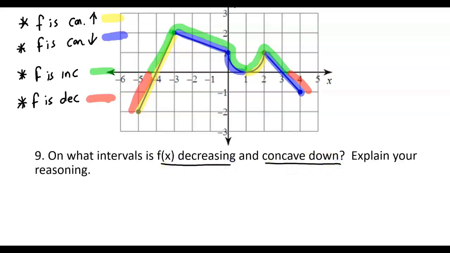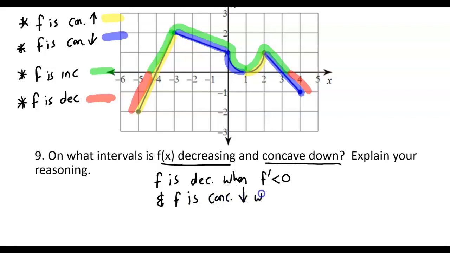All right, so now we're looking at decreasing and concave down. So F is decreasing when F prime is negative, and F is concave down when F double prime is also negative.